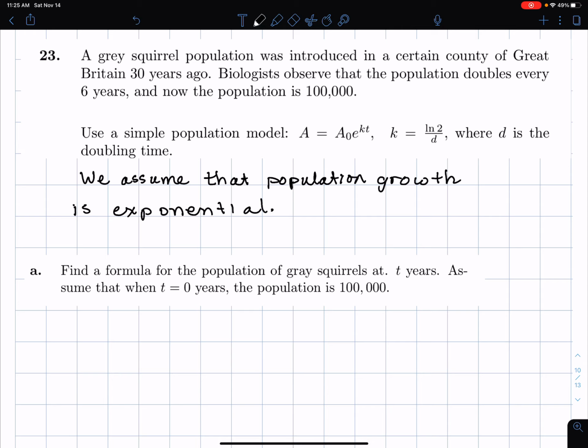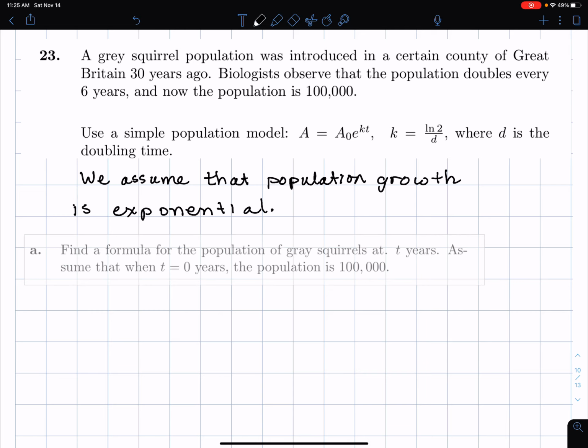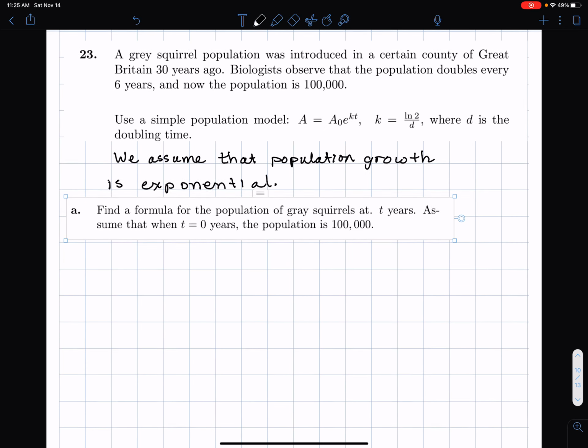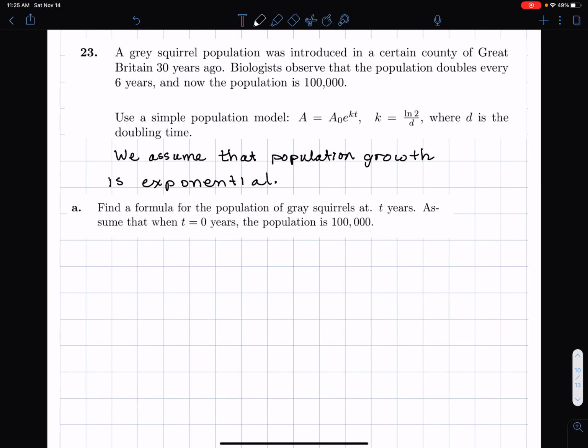What I want to do before we even start is write up a little table, without using a lot of heavy math, of some ideas of what we would get for the population. T is for time in years, and A is the population.